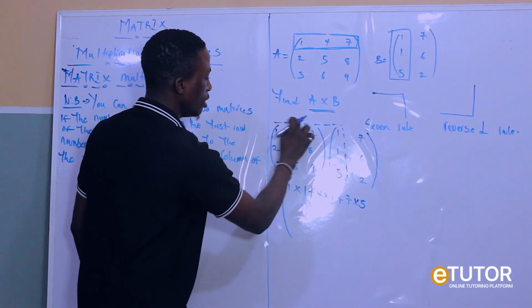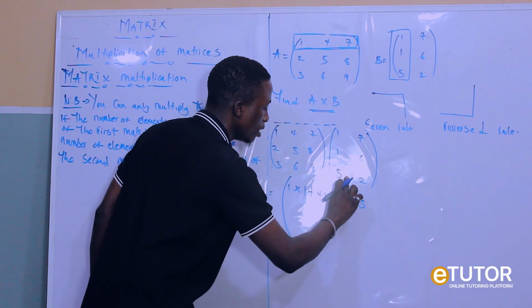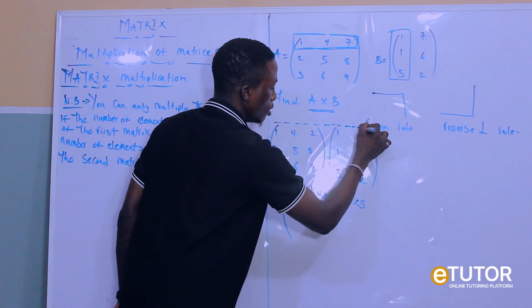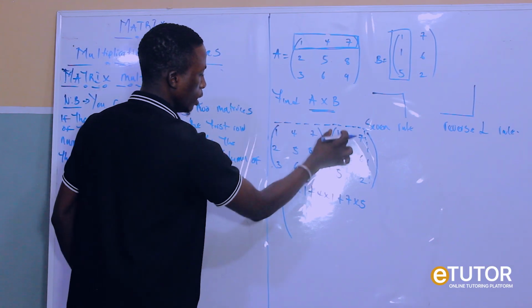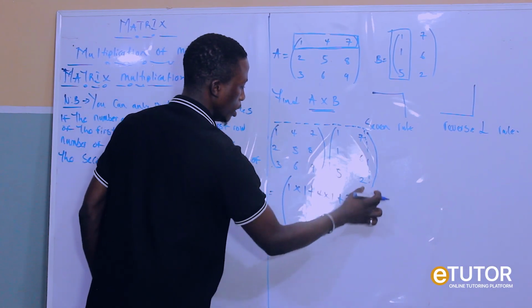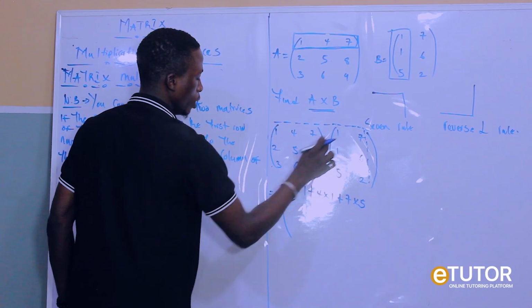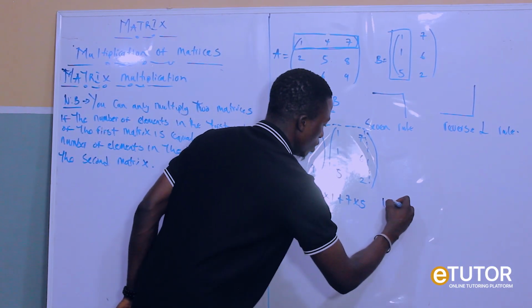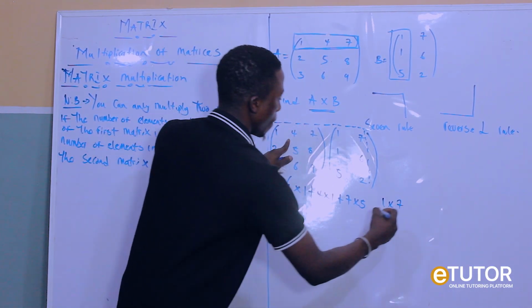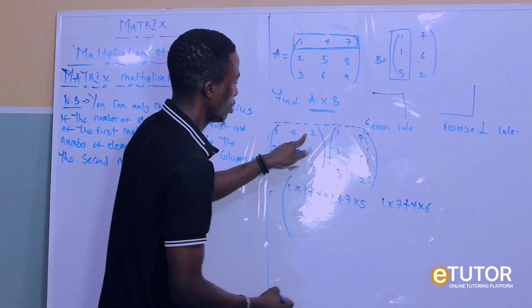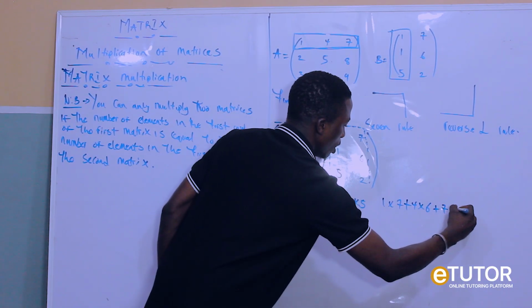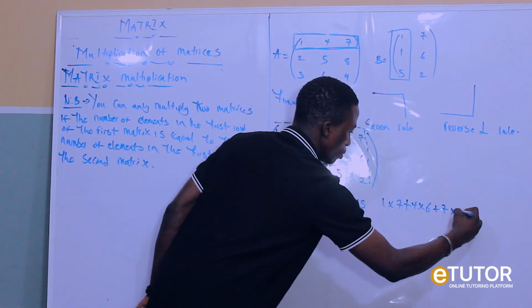After you've obeyed the 7 rule, you extend the line to the other column and multiply with the corresponding elements. So you have 1 times 7 plus 4 times 6 plus 7 times 2.